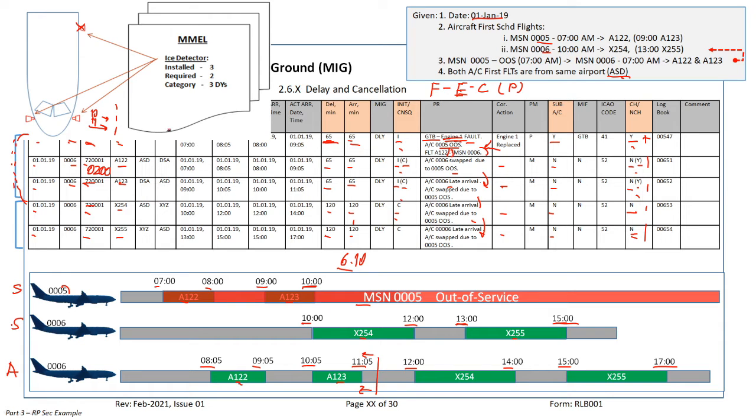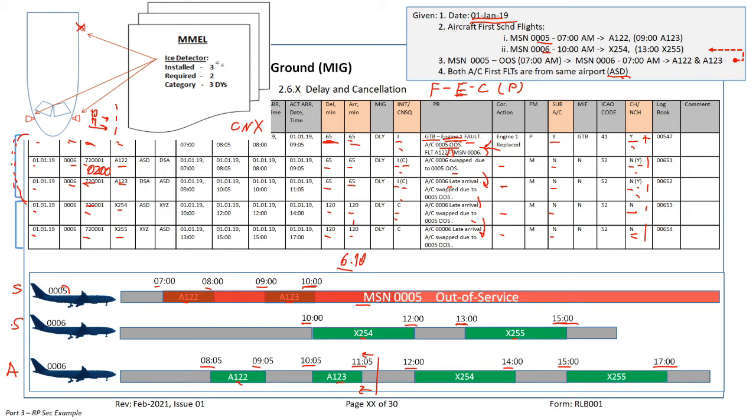But then we open the aviation authorities' requirements, and it says during winter time, and it happened in winter, January 1st, 2019, all installed ice detectors, just as an example, must be operational. As a result, we cannot use this MEL. We have a cancellation, CNX.